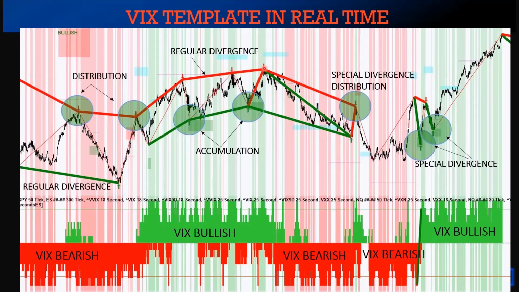I'm not trying to call every zig and every zag in the market. I'm not trying to call every top in the market or every bottom. I only want to focus on the things that I know are going to give me the highest probability of success. And those areas are what I've circled.